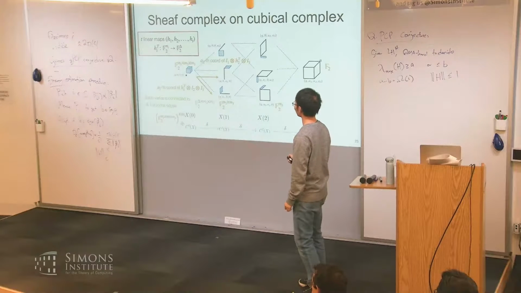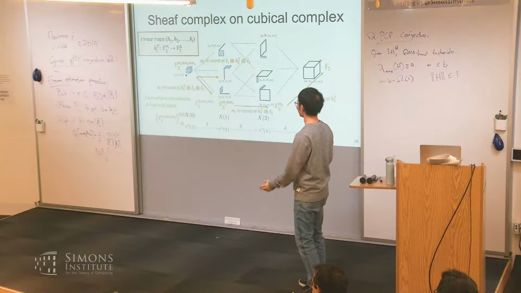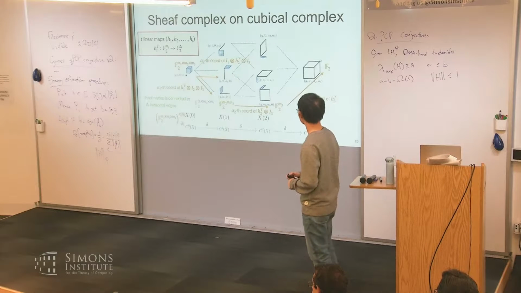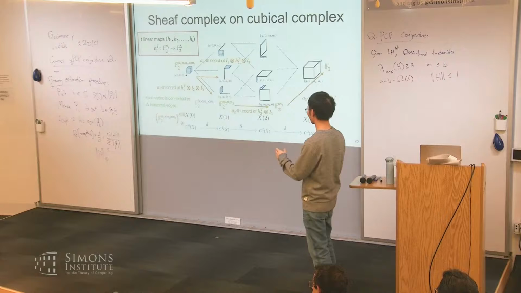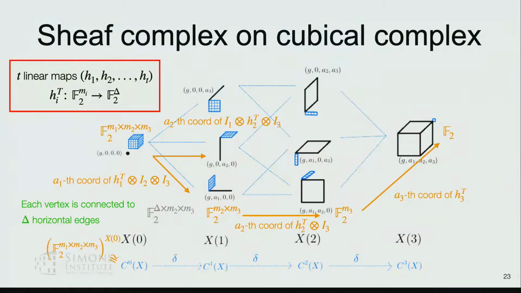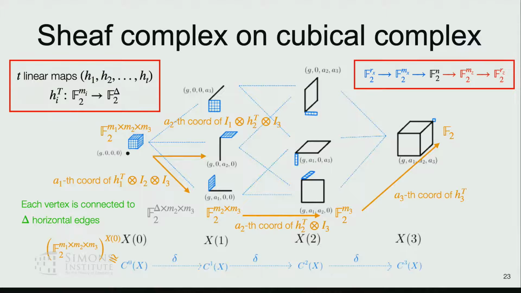You can do the same thing for other maps, and also for higher maps. Okay, good. So that's the construction for a sheaf complex. And if we do this in the 4D case, then we will exactly get a chain complex, and that's the code.